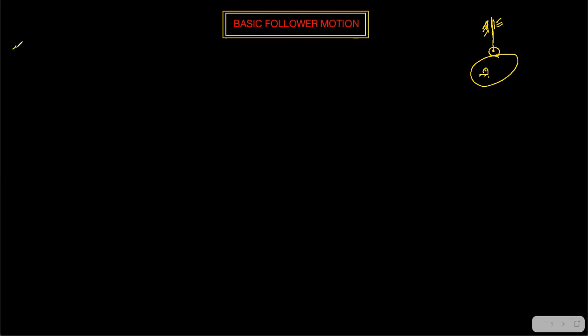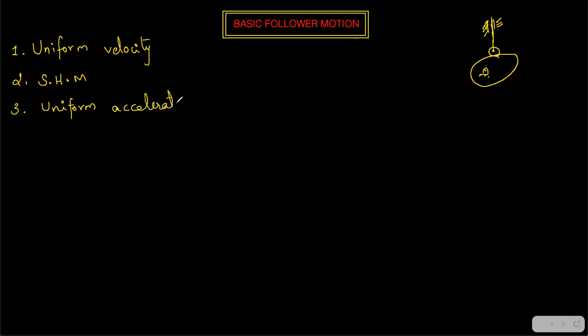Number one, we have uniform motion, or it's called uniform velocity. Number two, we have simple harmonic motion of the follower. Number three, we have uniform acceleration and retardation.